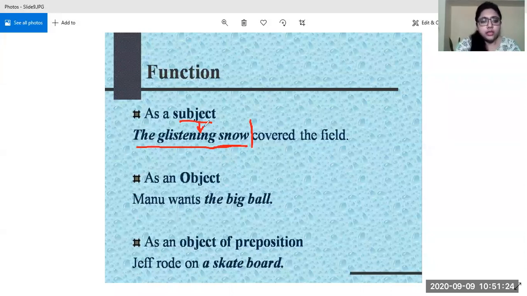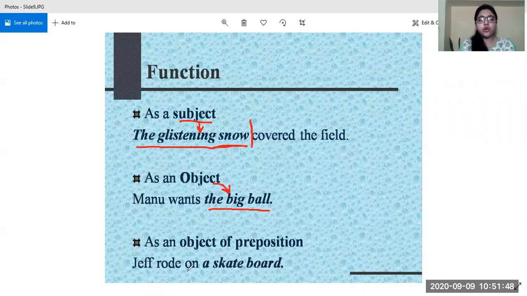Then as an object, when the group of words is placed towards the end after the verb, it acts as an object. And then it also acts as an object of preposition. Now what do we mean by an object of preposition? Whatever is written after the preposition is known as the object of preposition.